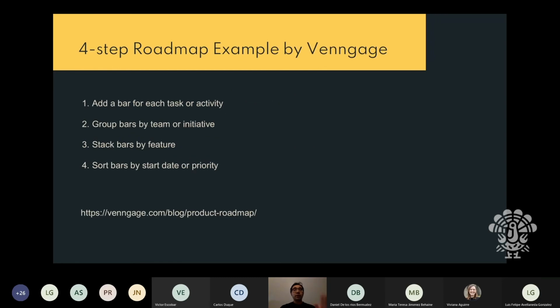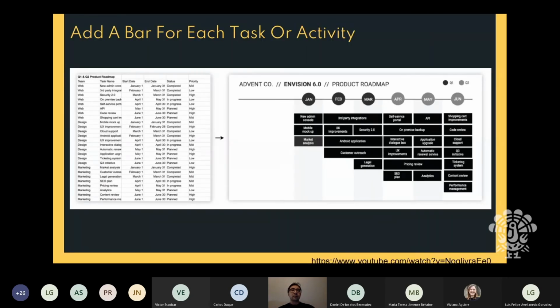So the 4 simple steps for creating a roadmap. There are many ways to create a roadmap. I think this was one of the easiest I found to get you introduced to a pretty effective first roadmap. So you take your list of activity. They might have due dates, right? Forget the due dates.